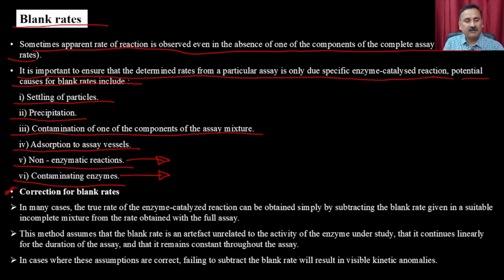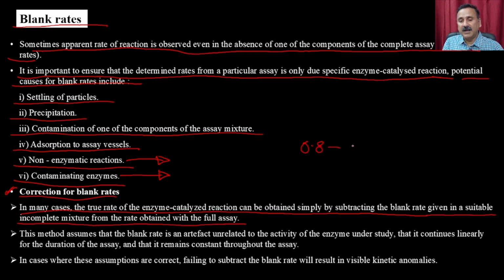How are you going to correct for the blank rates? In many cases, the true rate of the enzyme catalyzed reaction can be obtained simply by subtracting the blank rate, measured in a suitable incomplete mixture, from the rate obtained with the full assay. That's why, when you subtract the 0.4 from 0.8, you get the corrected OD value for this particular time point, for example 10 minutes.